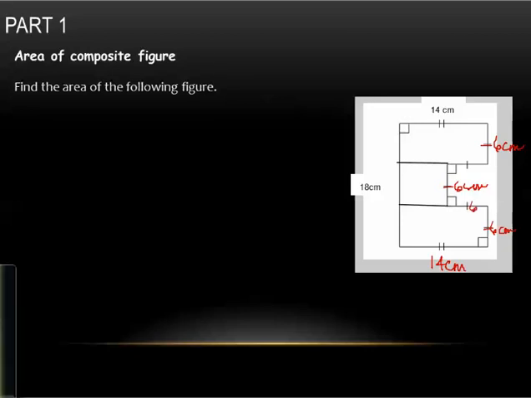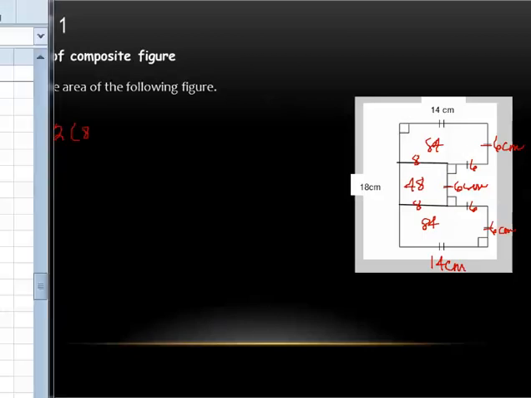Which means these little portions right here also equal 6, which, by the way, 14 minus 6 is going to give me 8. So those pieces that I just added in there are going to be 8. So now I've got 3 rectangles. All I got to do is calculate the area. 14 times 6, 84. So that means this is 84. 6 times 8 is 48.